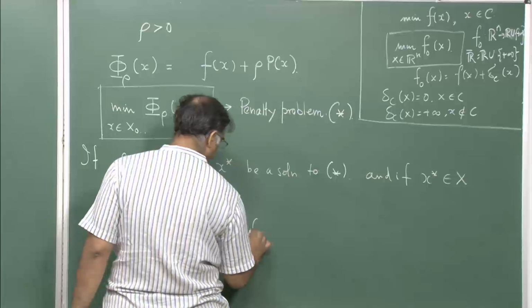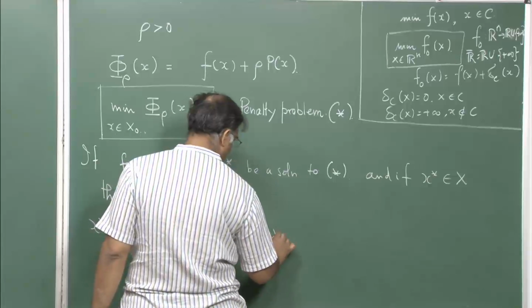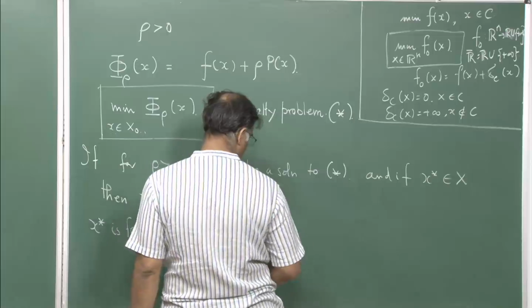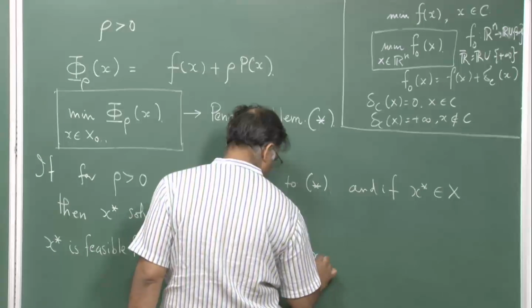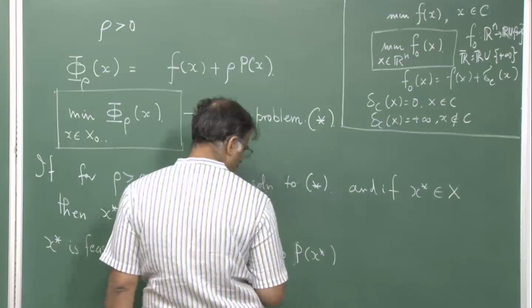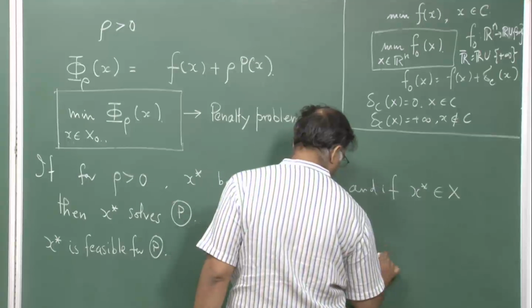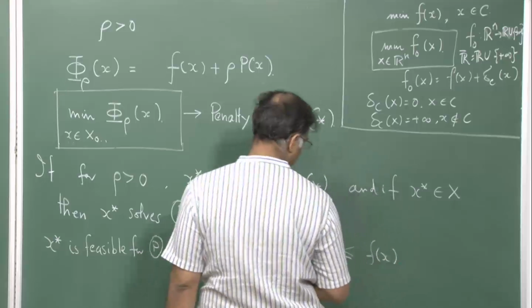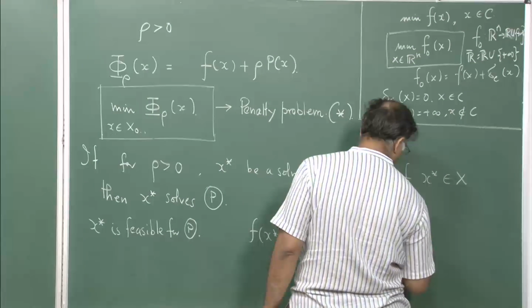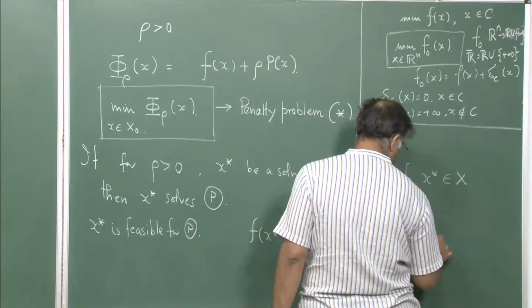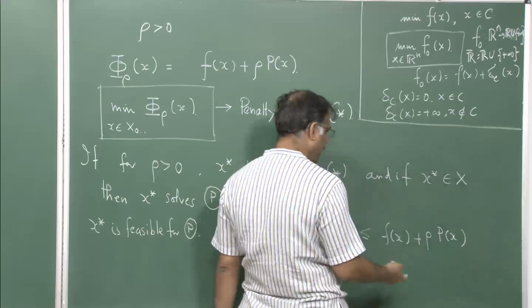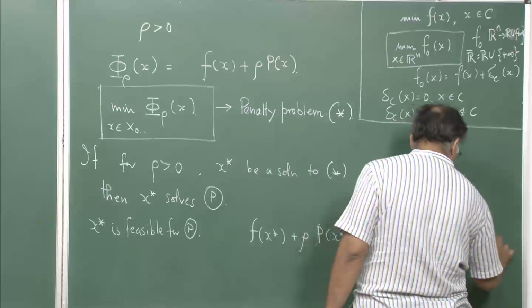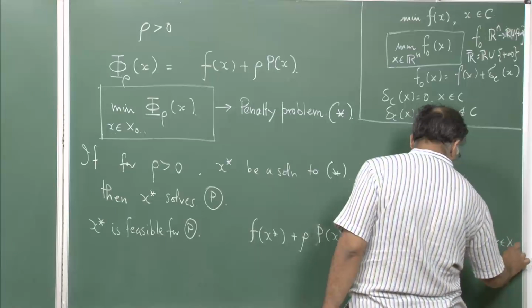So, basically you know that f of x star plus rho p of x star is less than or equal to f of x plus rho p of x for any x in X naught. That is what is given to me.